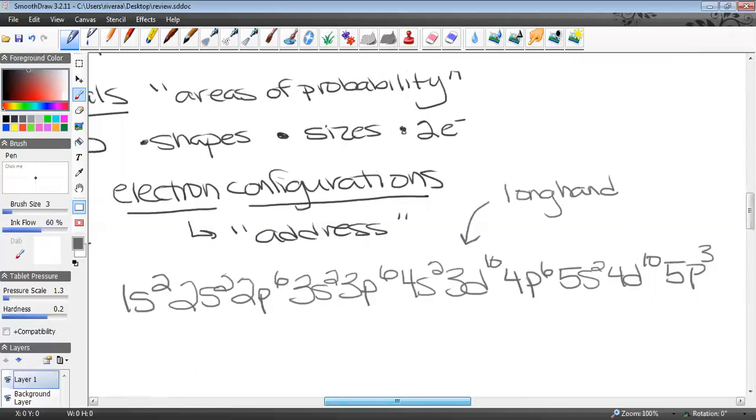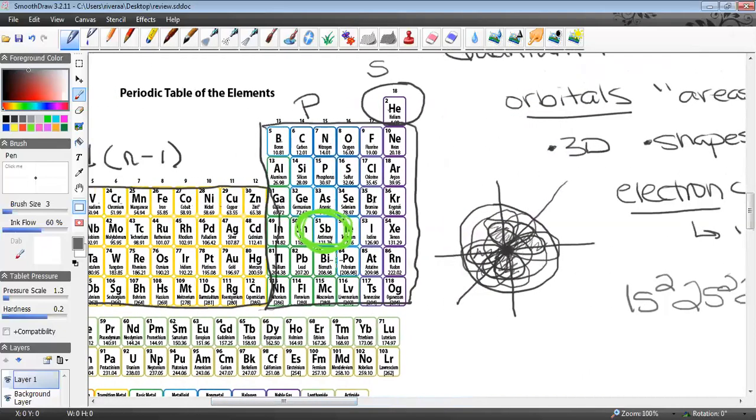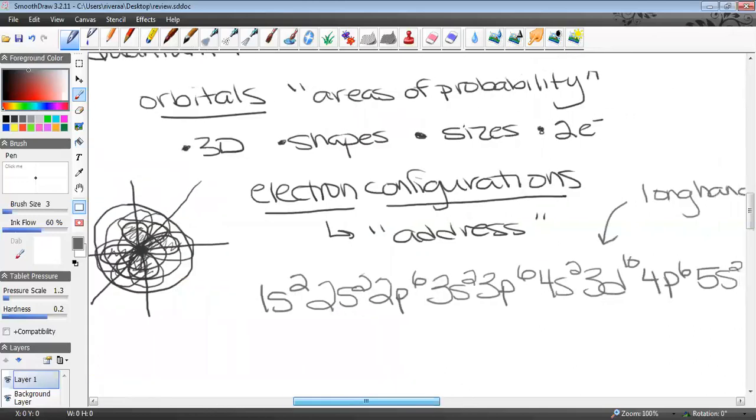So if we were to look at the noble gas that comes before antimony, so I go up and over, that's krypton. If I put krypton in brackets, that takes care of the whole electron configuration all the way up to the 4p6. So all I do is I put the noble gas that comes before it in brackets. So I'm going to put krypton in brackets.